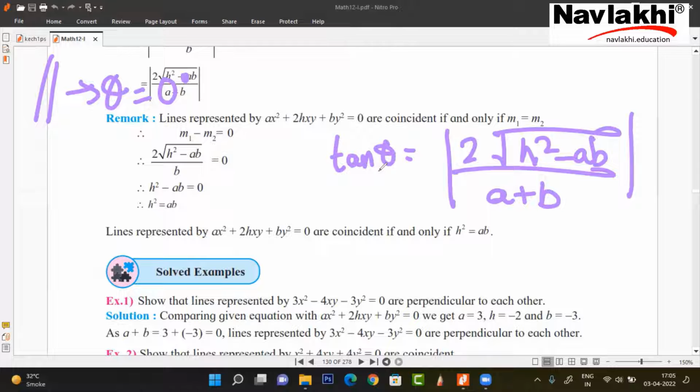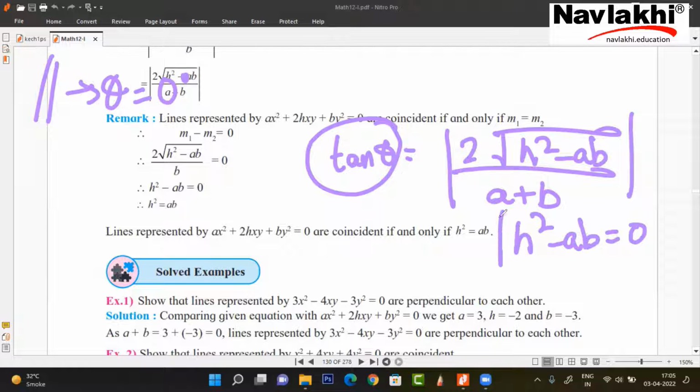If theta is 0, tan theta is obviously 0. If 0 is equal to something, the numerator has to be 0. So h square minus ab has to be 0 for two parallel lines. Numerator 0, then they are parallel.